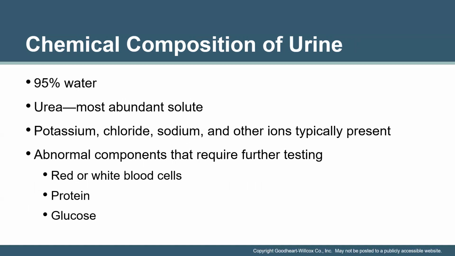It will have urea, which is the most abundant solute. Potassium chloride, sodium, and other ions are typically present. There are other abnormal components that, if we see them in the urine, we're going to want to do more tests. This could be red or white blood cells, excess protein, and glucose.